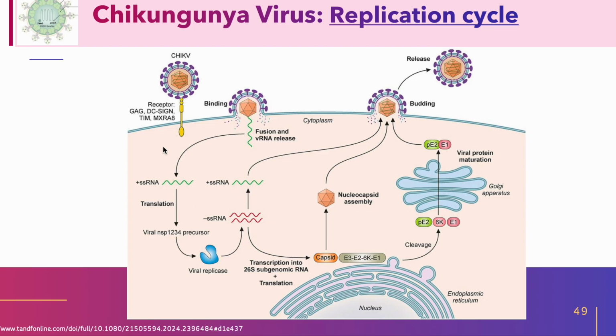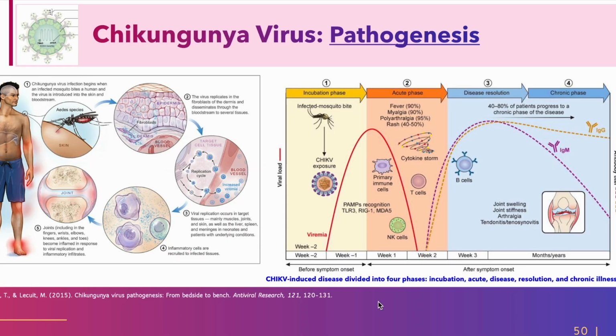Then it has a single-stranded RNA, which is a positive strand, and then translation and replication occur at the cytoplasm. The virus assembles again and buds to release into other cells.